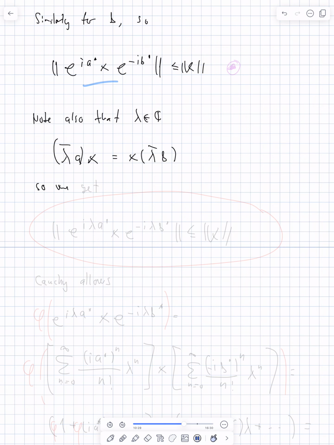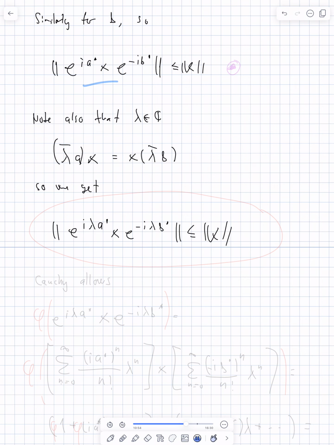So we get that actually the norm of e to the i lambda a star x e to the minus i lambda b star is always less than the norm of x.